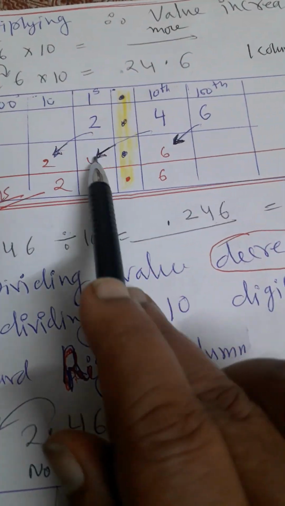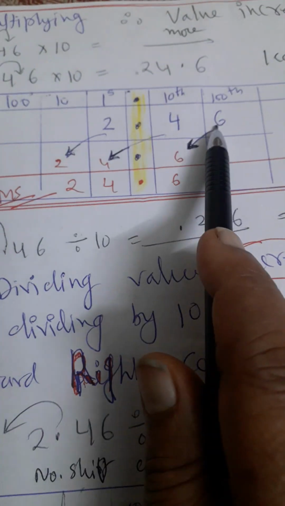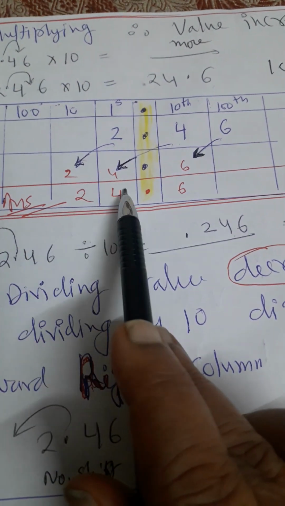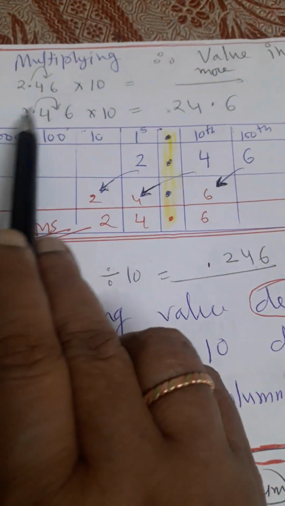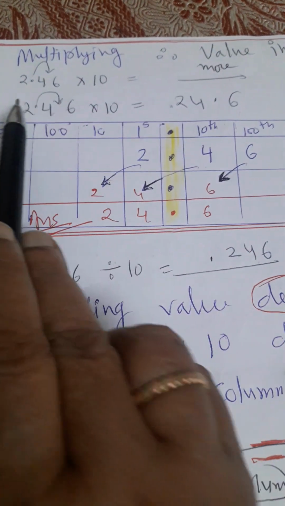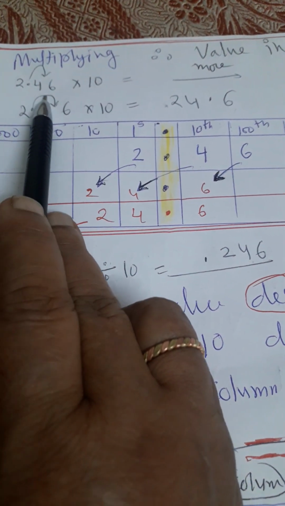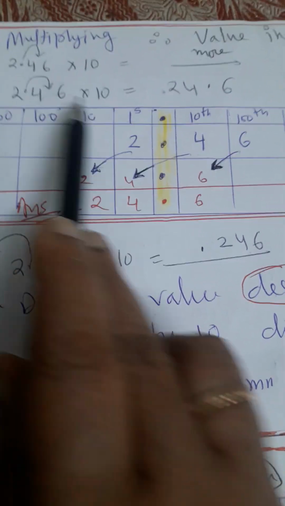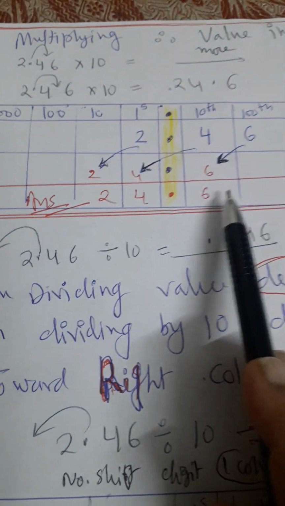So one column jump they will do, and the value will change. It is now 24.6. Earlier it was 2.46, now it becomes 24.6. What does it mean? It means the decimal shifts between the 4 and 6. So it is 24.6. Clear?